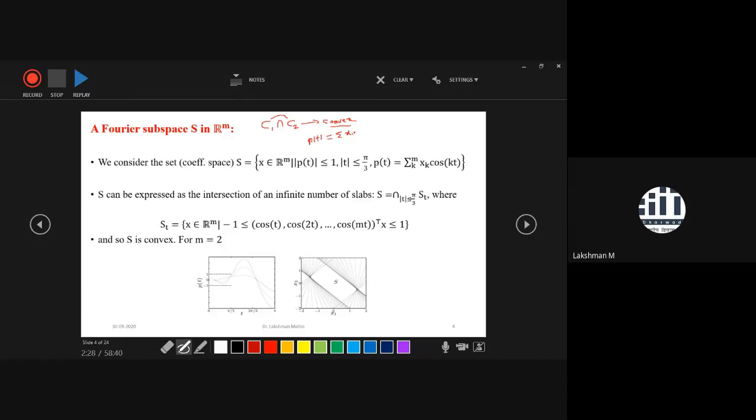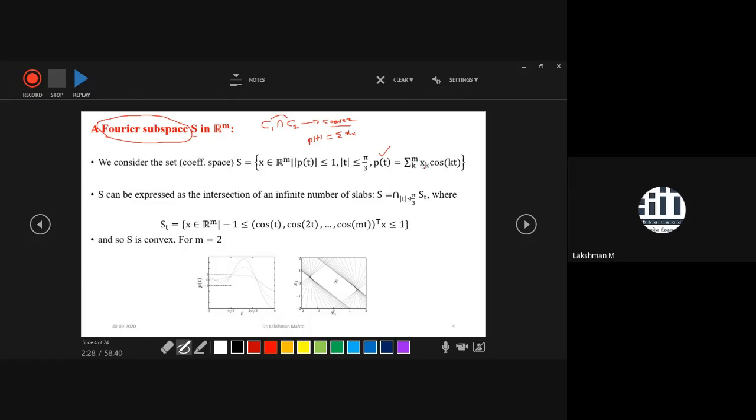If you consider all the coefficients, it would come as an infinite sequence. So we won't do that; we can just do a finite approximation of those infinite coefficients. If you do a finite approximation, in that process you will get a Fourier subspace. Fourier subspace, I am calling it S. So X is an m-dimensional point, that means m number of Fourier coefficients of the periodic function p(t).